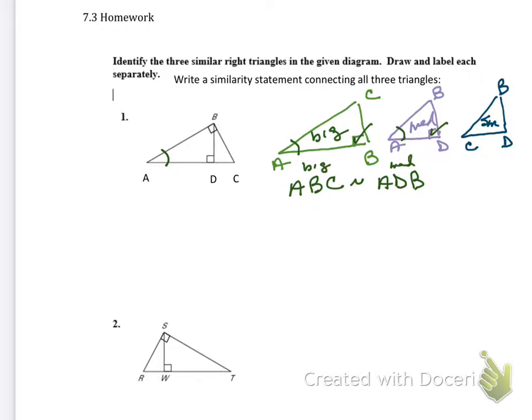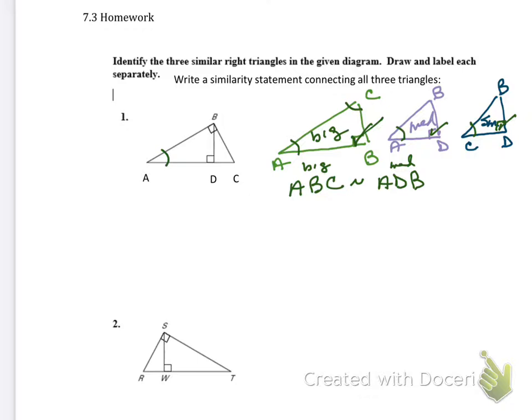Okay, so now compare the big with the small in terms of the angles that we know are the same. What we know is that this is a right angle, so this and this angle are both right. And then look at the C angle. The C angle in the big is the same measurement, because it's the same angle as the C angle in the small. So now based on that, let's write a similarity statement between the big and the small.